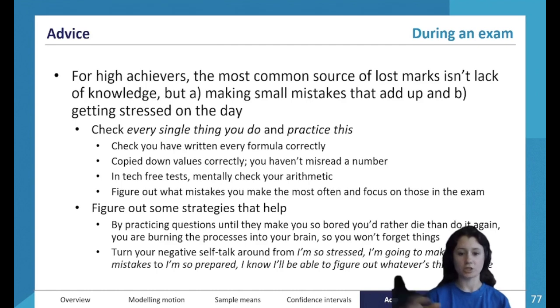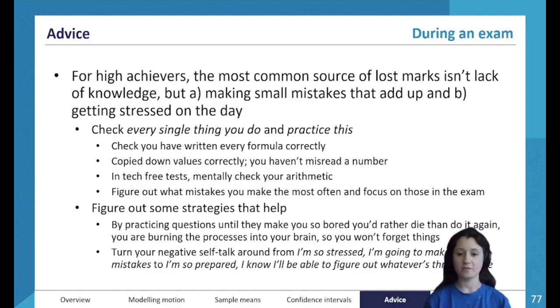For managing stress, figure out some other strategies that help. So make sure that you are practicing a lot, because then when you get into the exam, even if you're really stressed and you feel like you're forgetting all of the content, if you've practiced a lot, then you will be far less likely to actually forget what to do, because it's just kind of like muscle memory at that point.